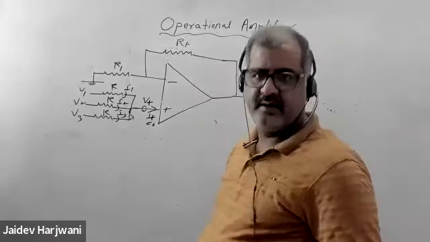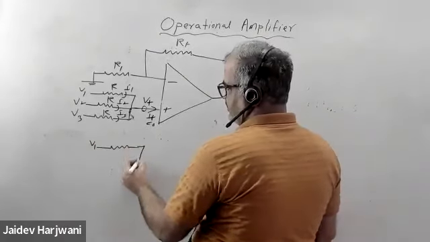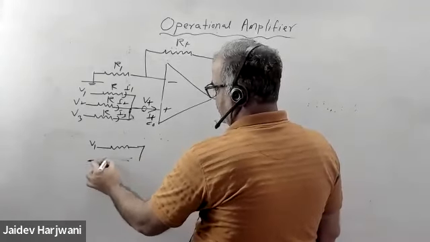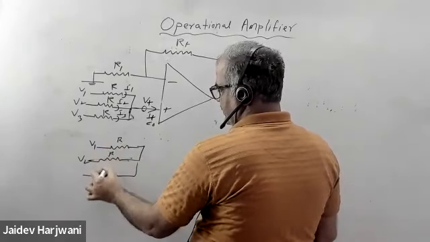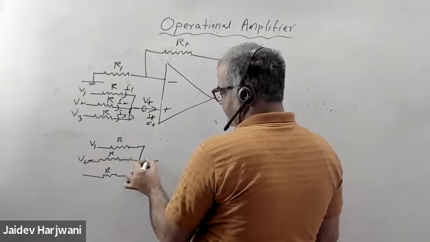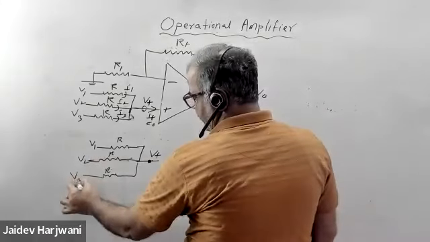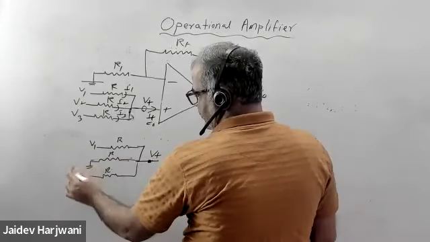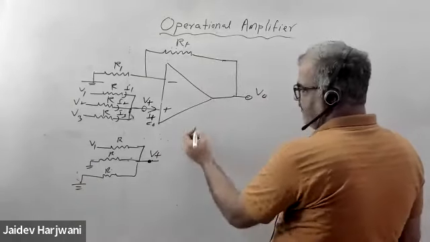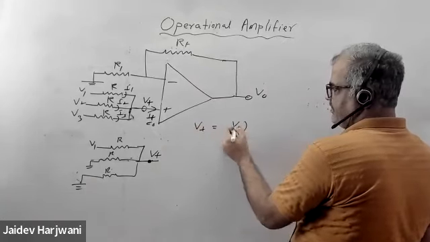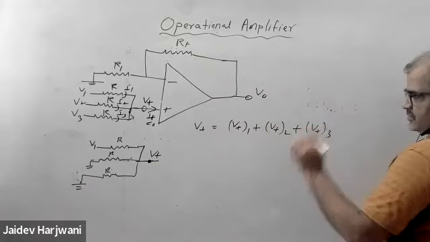Superposition principle means you have this V1, this is your V2, and this is your V3, and this is R. I want to find out the voltage. Say voltage is V plus. I will find the voltage because of one source at a time. I'll make the others ground. So the total V plus is V plus due to one source, plus V plus due to the second source, plus V plus due to the third source.